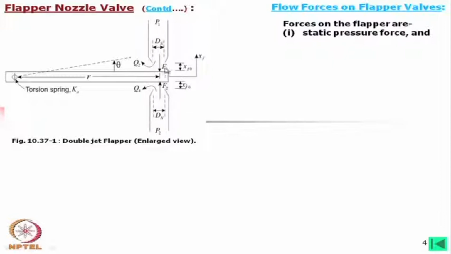This means that F2 should be greater than F1. If we would like to move this one with controlled motion, then this should have a force and this should also have a force. Okay. Now, this is done in valve operation.